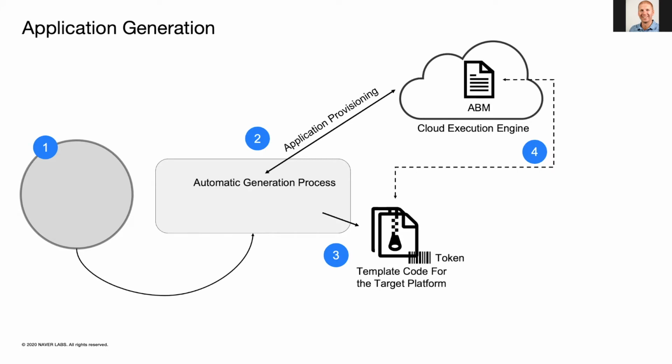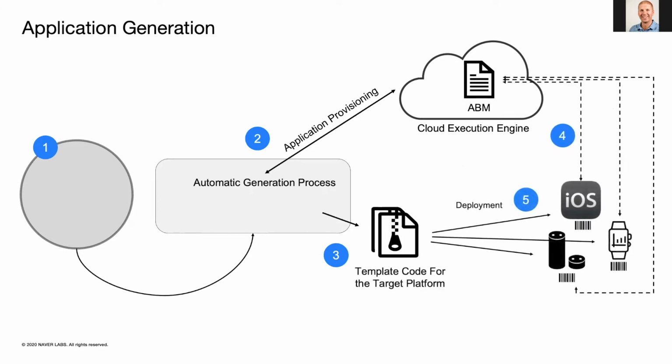In fact, this template code is relatively simple, is completely independent of any application, and it simply contains rendering code for the specific platform to render any ABM, and it contains code for enabling interactions between the users of the platform and the actual application running on the cloud. Therefore, for each of these supported platforms, the same token will be used by various versions of this template to connect the user of the platform to this ABM and therefore the application logic on the cloud.